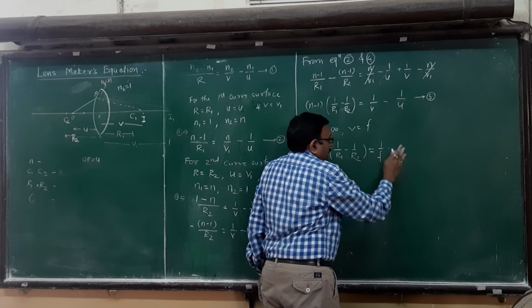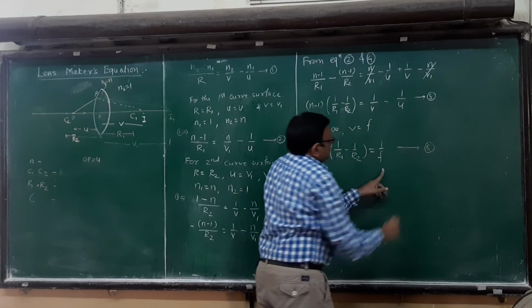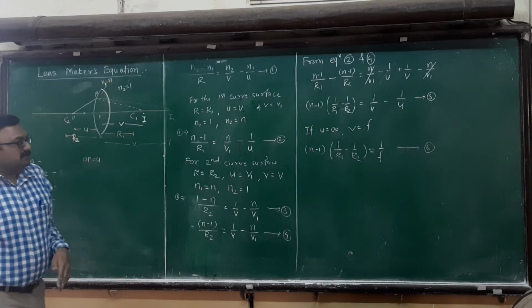Therefore, this is equal to 1 upon F. This is equation number 6, which is called the lens-maker's equation.